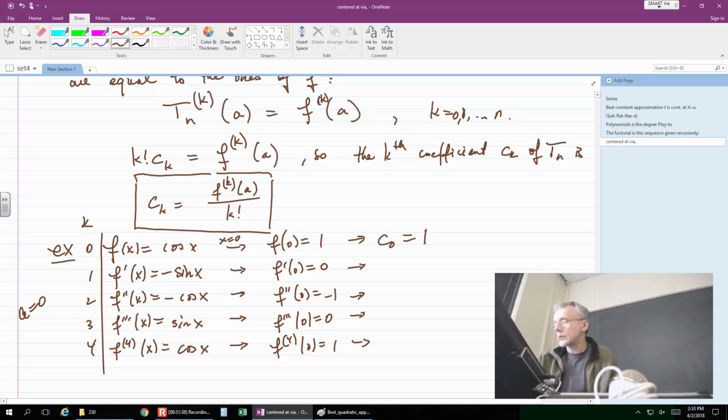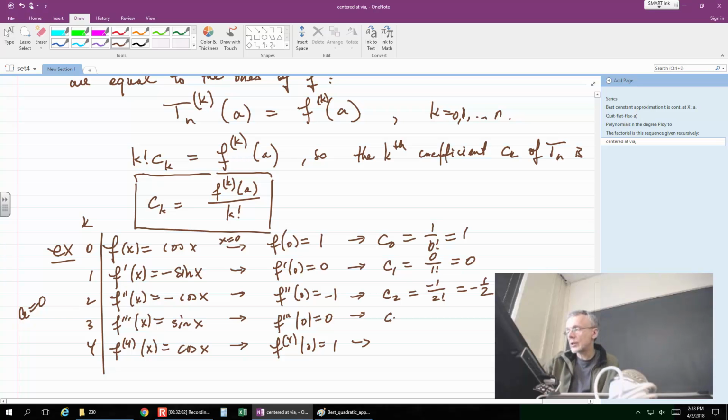Then, well, let's just write it out. I think I'll just write it like this. Okay, then C1 is equal to this number that we have divided by 1 factorial, so it is 0. C2 is negative 1 divided by 2 factorial, which is negative 1/2. Okay, C3 is 0 divided by 3 factorial, which is 0.